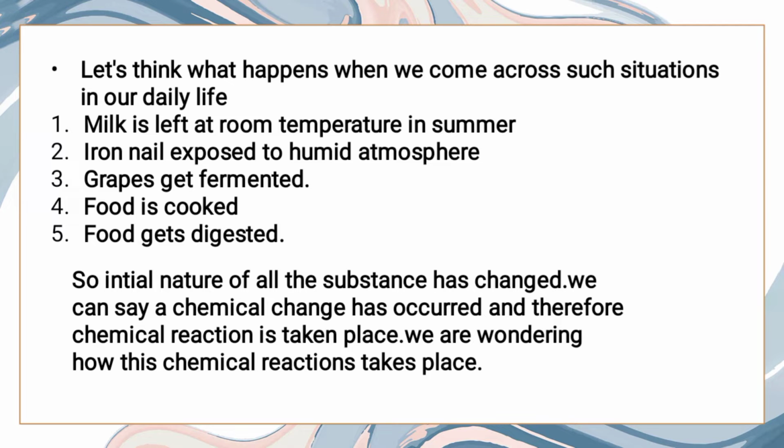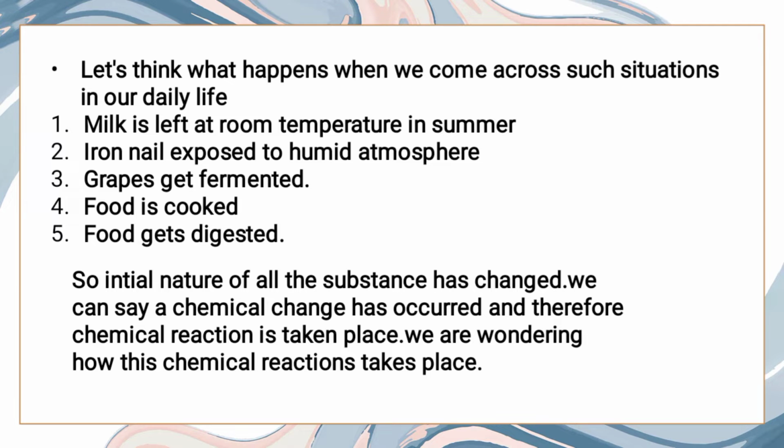It gets rusted. Grapes get fermented. If you leave grapes out, after some days they get fermented and start producing alcohol. What is fermentation? That is production of alcohol. Grapes get fermented, that means they start releasing alcohol.